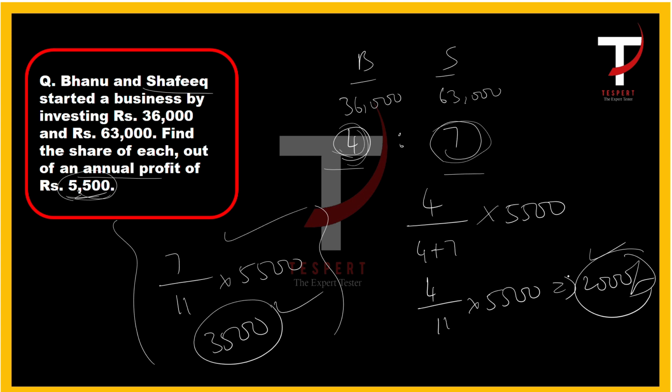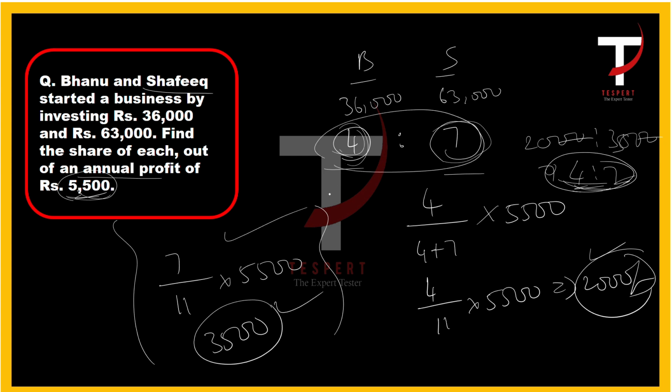So 2000 is to 3500, that is 4 to 7. So this ratio will be equal to the ratio of investments, because the profit is divided as per the ratio of the investments.